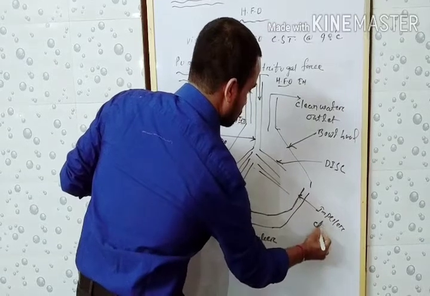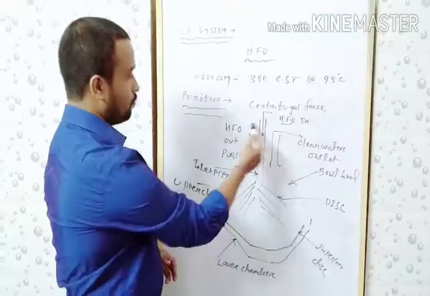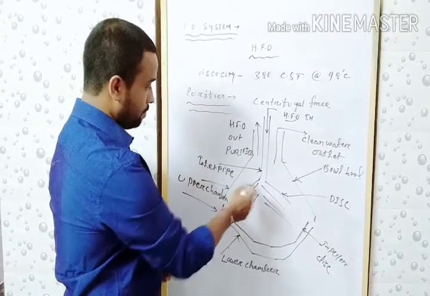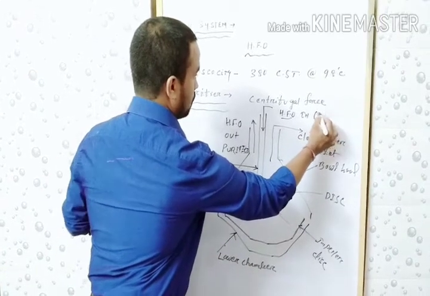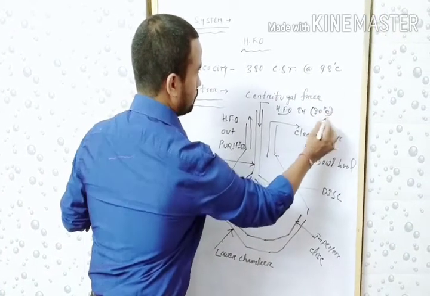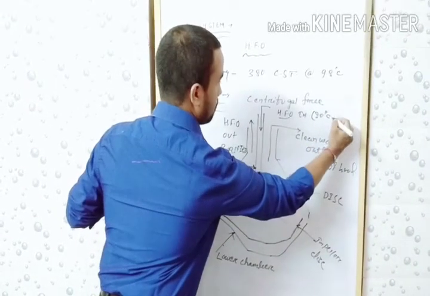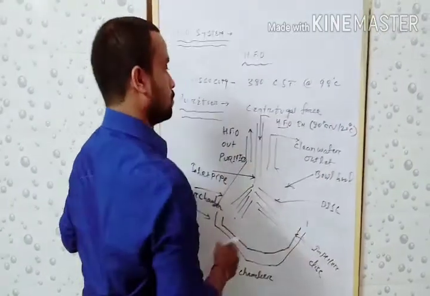So the oil comes to the purifier, and this is the inlet pipe. The temperature is near about 80 degrees Celsius to 120 degrees Celsius.